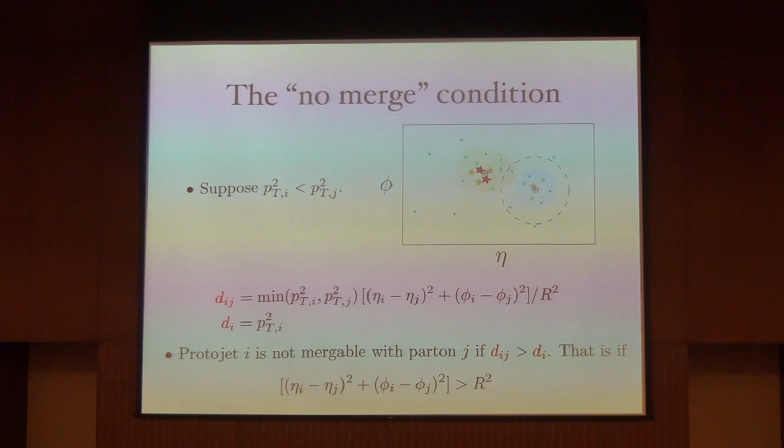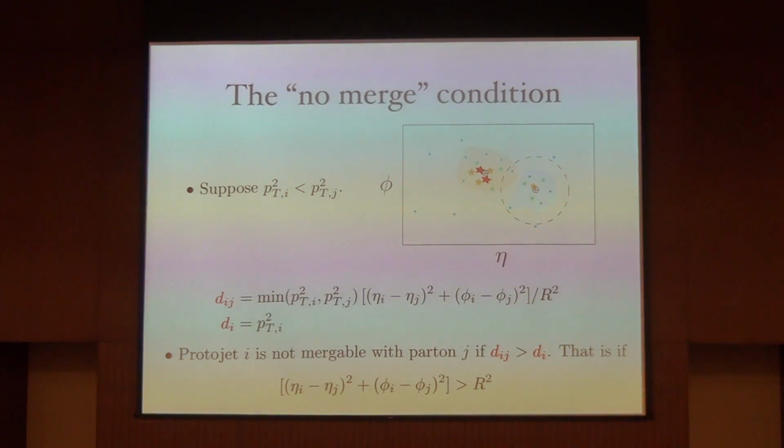And now there's a little clue here. Why did we have this R factor? What is R doing? So suppose that PTI is less than PTJ. I mean, one of them has got to be the smaller, but I'll let i be the one that's the smallest. Then think about putting protojet i together with protojet j. So here's what Dij is here. Here's what Di is. So this minimum of PTI and PTJ is PTI squared. So PTI squared is common to those. So Dij is the smaller one if this angle difference squared is less than R squared.